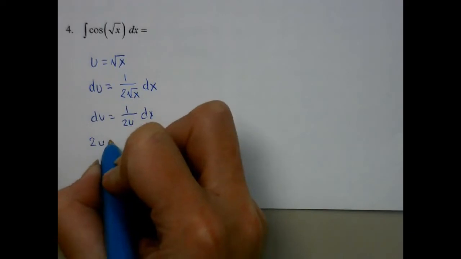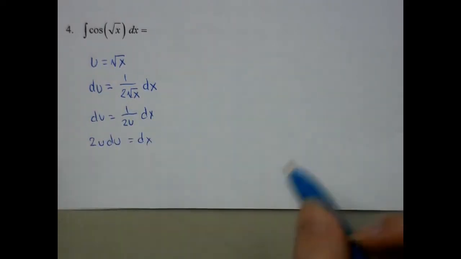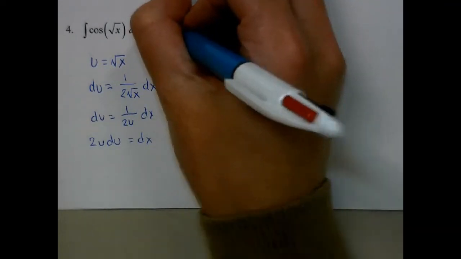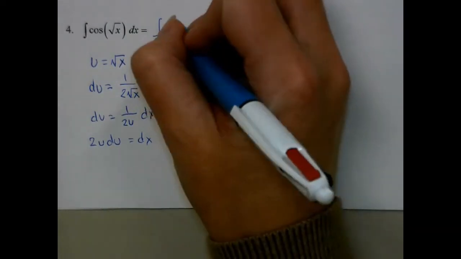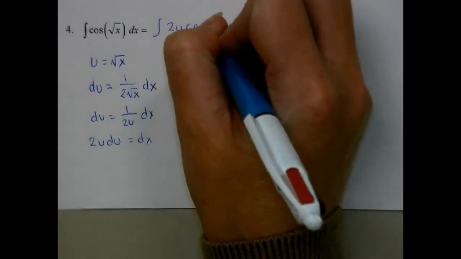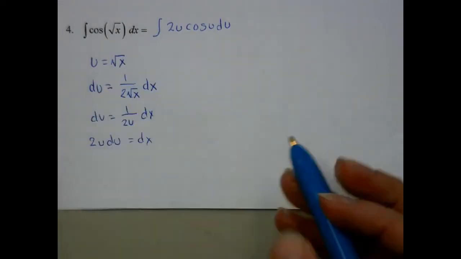So we can multiply over 2u du equals dx. And this is a strategy that comes when we use square roots. So this is now the integral of 2u cosine u du. So we replace the dx with 2u du and replace the square root with u.